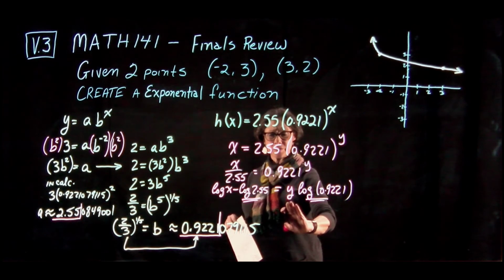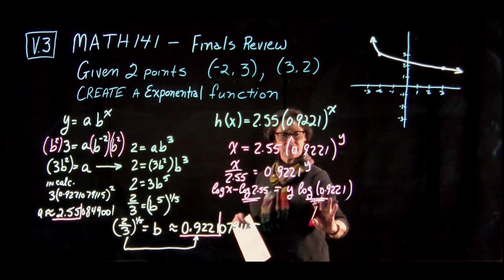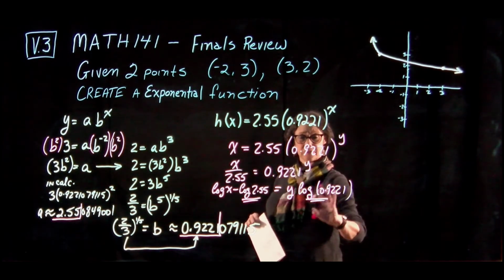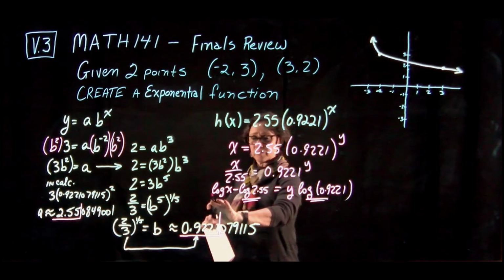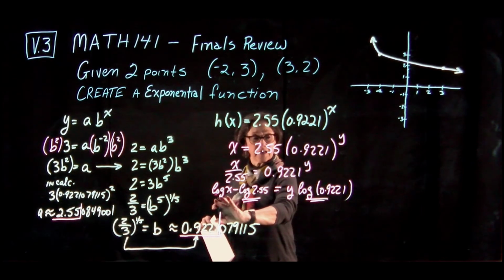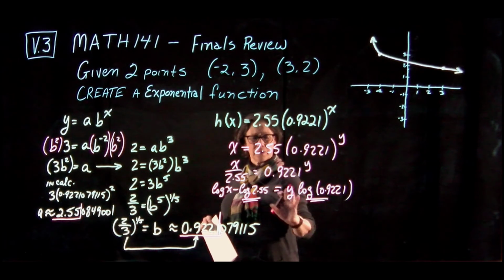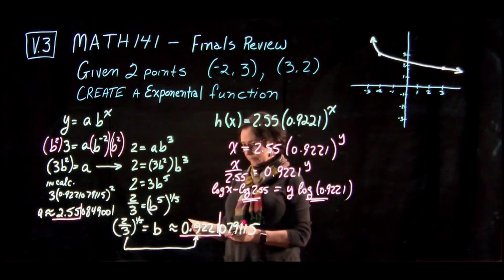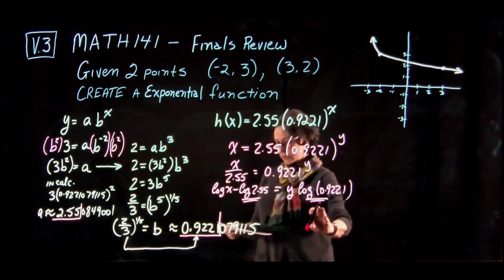The next thing I want to do is isolate the y, so I'm going to divide both sides by this log here. So over on the right-hand side with the log x, I'll put it in the denominator.